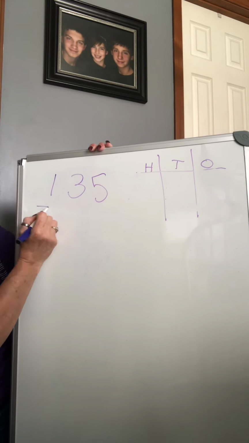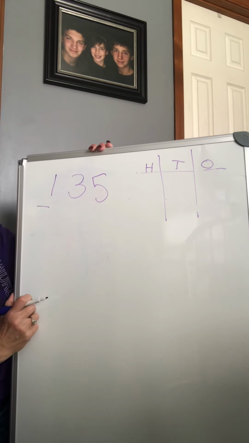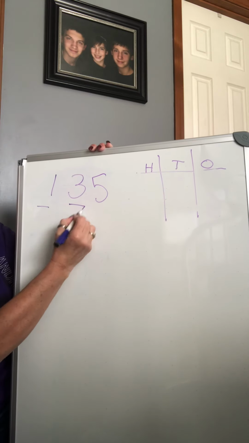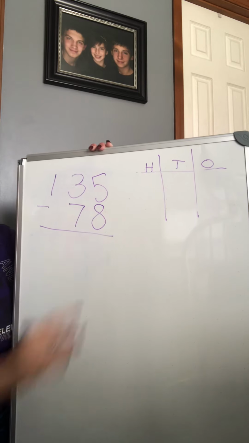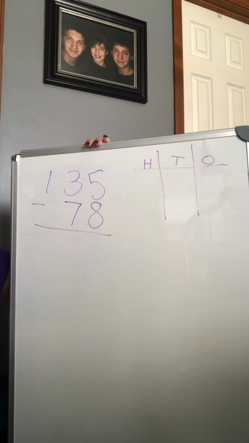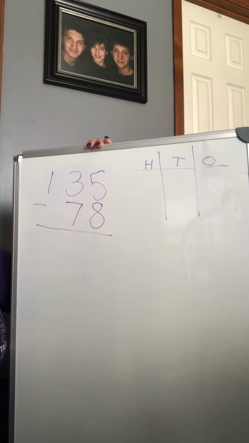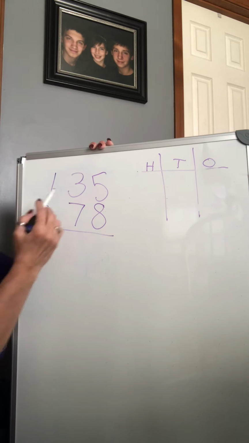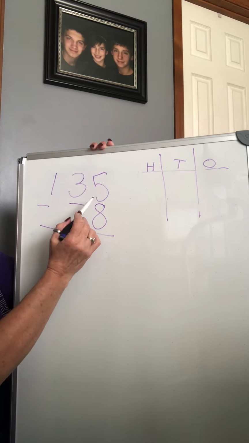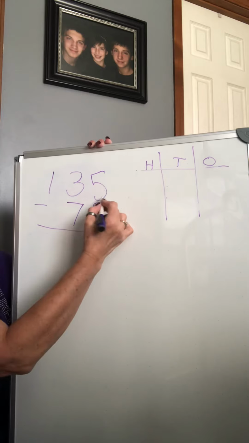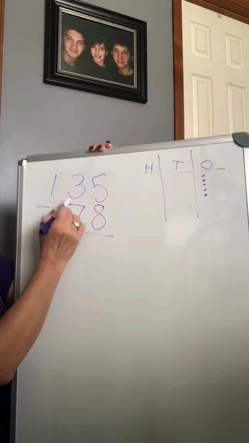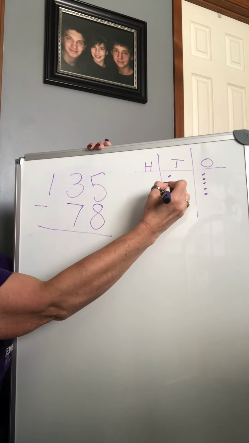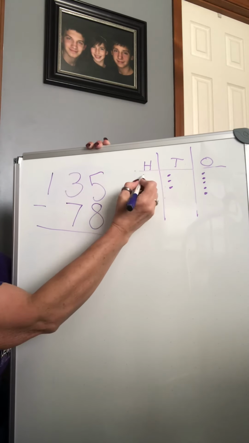And we are going to take away 78. All right, so start by drawing 135 chips. So 5 ones, 3 tens, 100.